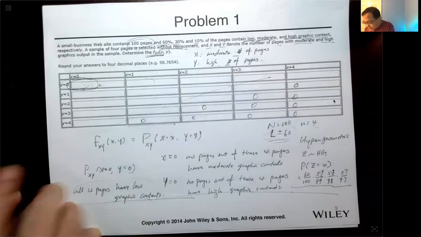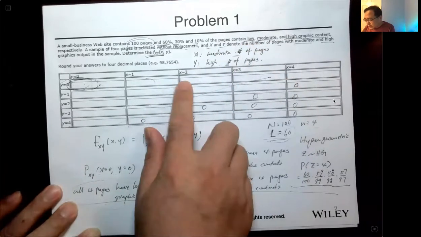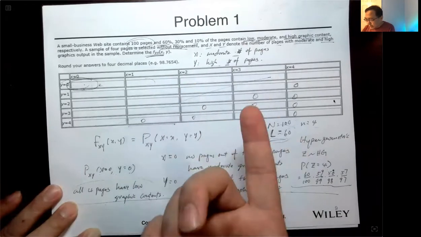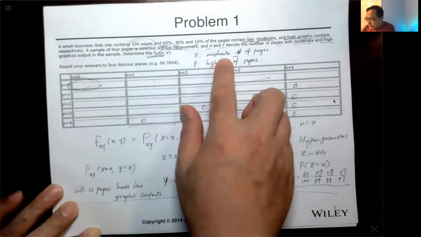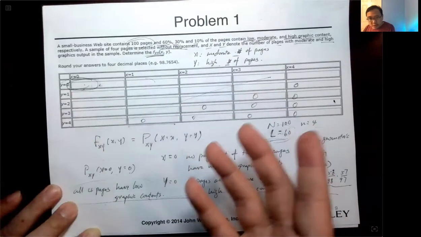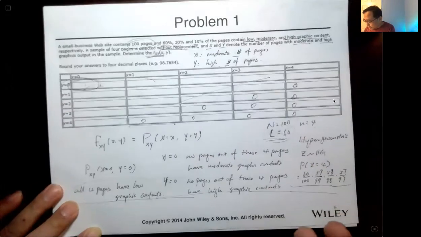So figure out the meaning through the context of the problem. X equals 2 means two pages have moderate graphic content, and Y equals 0 means the remaining two pages will have only low graphic content, and so on.